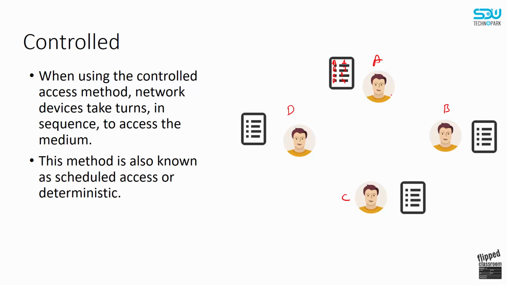And they will communicate in this way: person A will say, hey, can you tell person D that I would like to communicate with him? And he will say, can you tell D that A wants to communicate with him, and so on. So we will communicate by schedule.